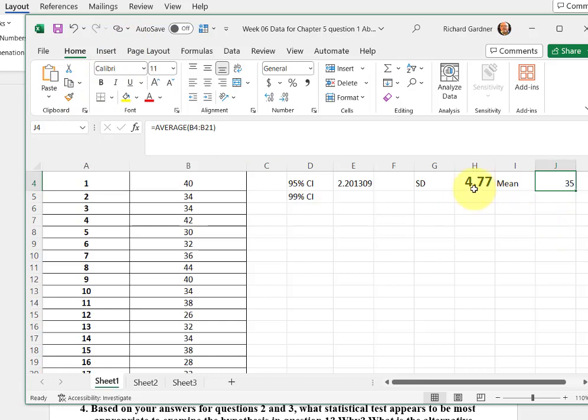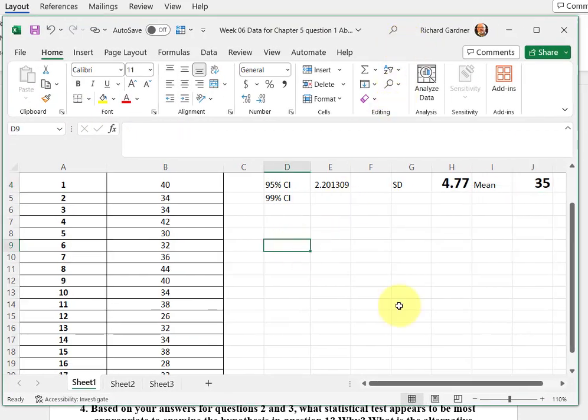So for the 95% guy, our low value, I might as well type in the high value.